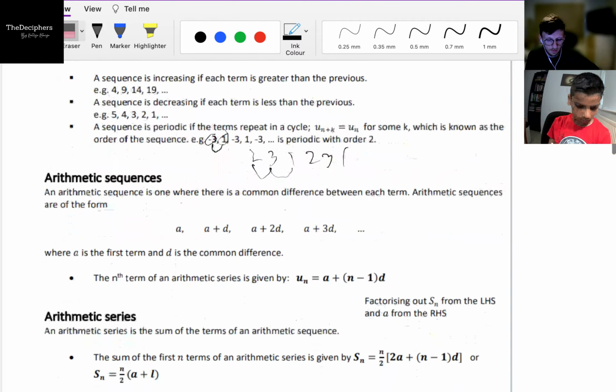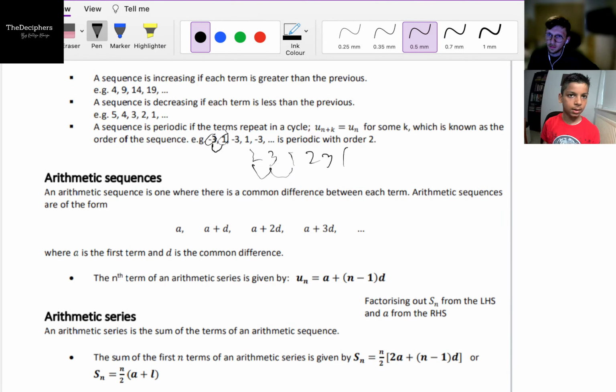Right, now. Good, excellent. So now let's do arithmetic sequences. An arithmetic sequence is one where there's a common difference between each term.